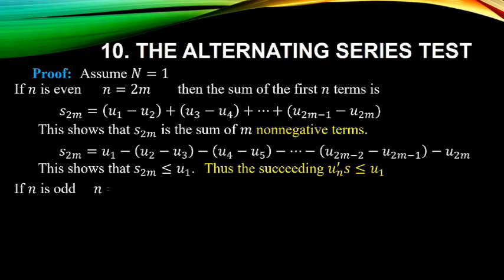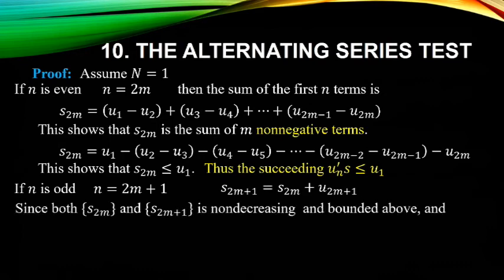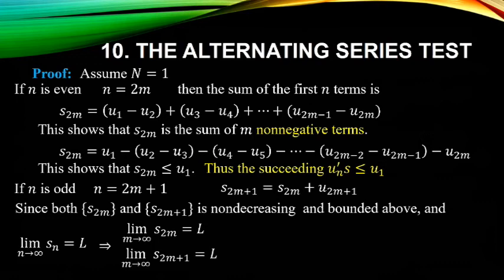So, if n is odd naman, n is equal to 2m plus 1. So, we have the sum s sub 2m plus 1 is equal to s sub 2m plus u sub 2m plus 1. So, we have just added a term so that n is odd. Since both the sequences s sub 2m and s sub 2m plus 1 are non-decreasing and bounded above, and the limit of s sub n is equal to L, this implies that if n is even, the limit of s sub 2m is equal to L, and if n is odd, we have this one.